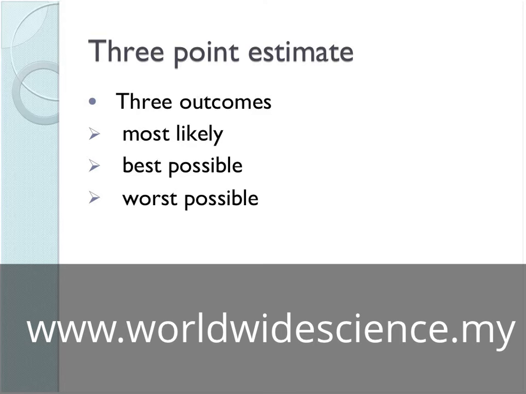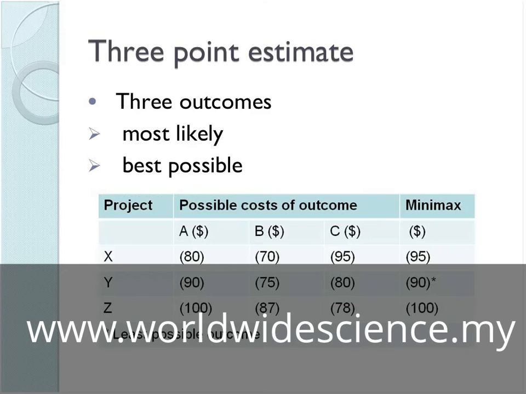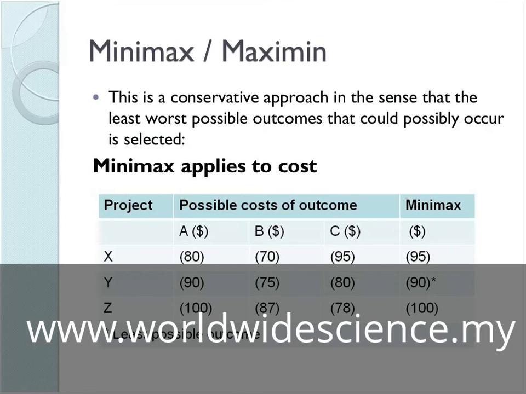The worst possible means the project with the worst profit. So let's see what is the worst possible, what is the best possible, and the most likely.